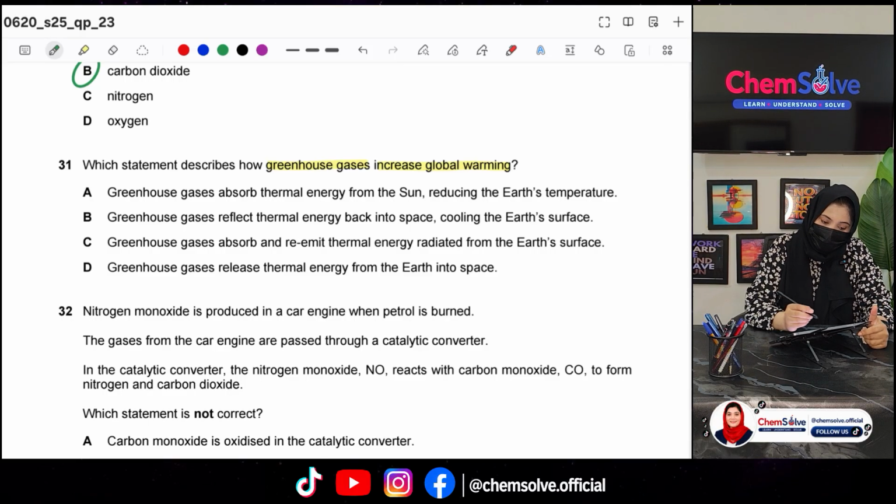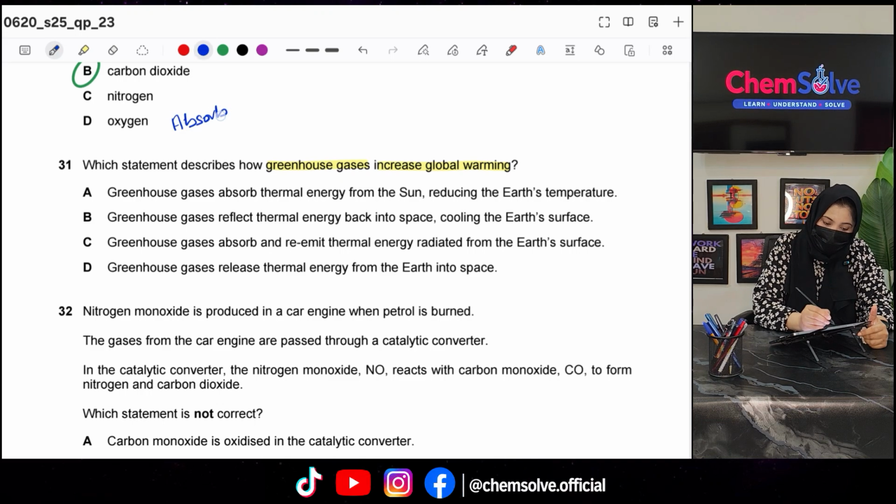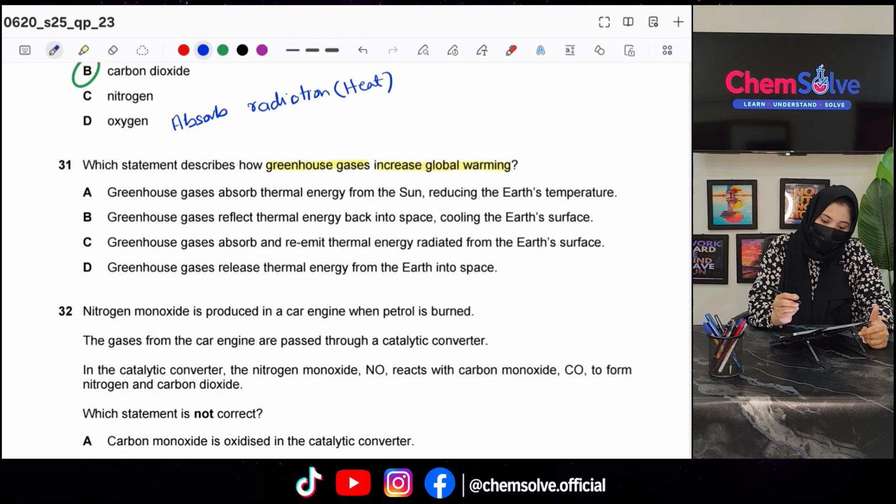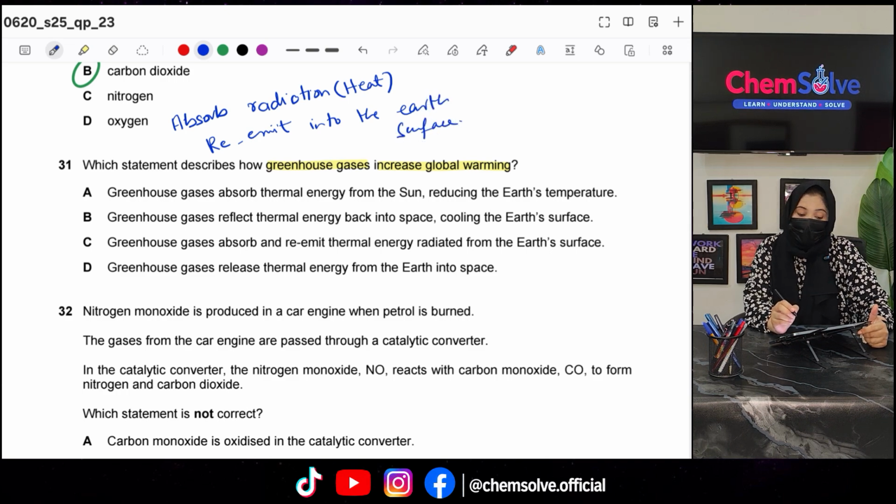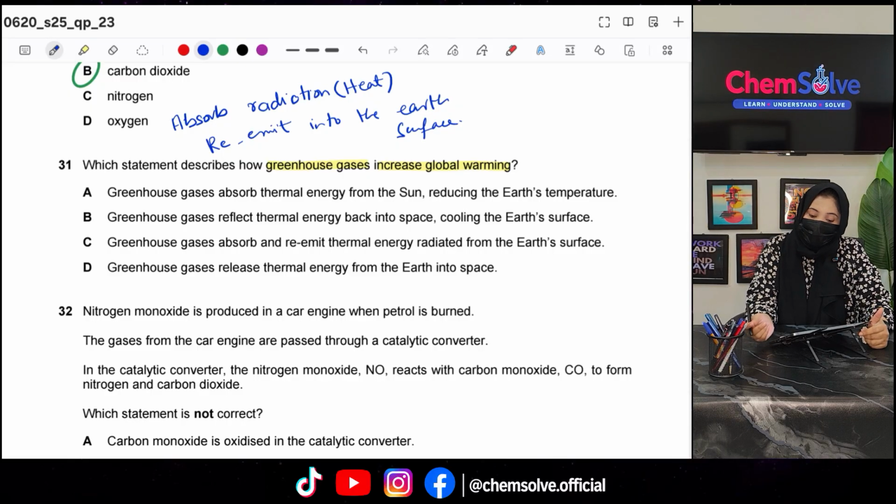They actually absorb radiation, that is the heat, and they re-emit it towards the Earth's surface. So no heat is lost from the Earth's surface. Instead, the temperature of the Earth increases.